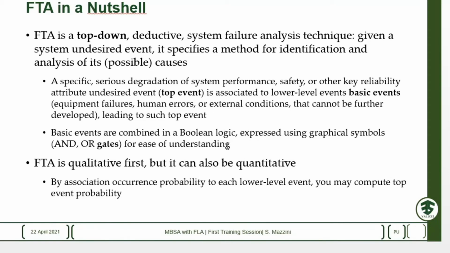Just to explain the essential points of fault tree. Fault tree is first qualitative, then can be used also in a quantitative way by association of occurrence probability to the lower level events.